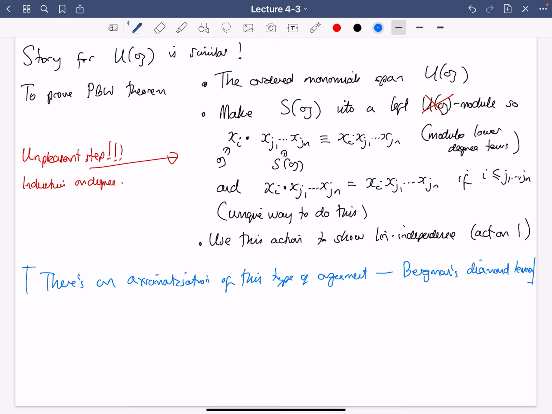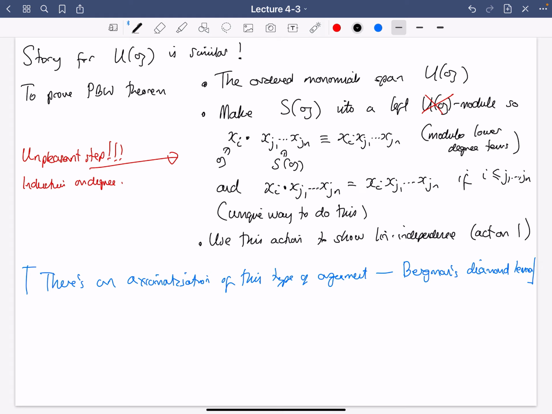And it happens that when you apply it to the case of a universal enveloping algebra, it's one of the very first examples in Bergman's paper, actually. There's really only one check that you have to do. So if you're willing to appeal to that lemma, then the proof becomes much tidier. But of course, then you have to go and prove Bergman's diamond lemma in greater generality.